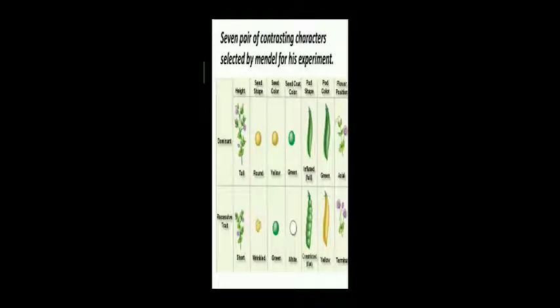We have studied about phenotype, genotype, phenotypic ratio, genotypic ratio, homozygous, heterozygous. And we have studied why Mendel selected only pea plant for his experiments, because of the various characters of the pea plant.